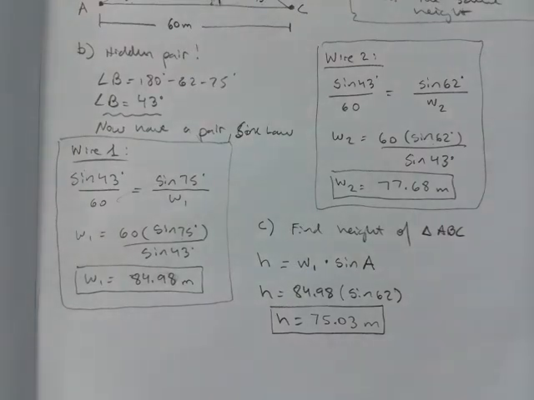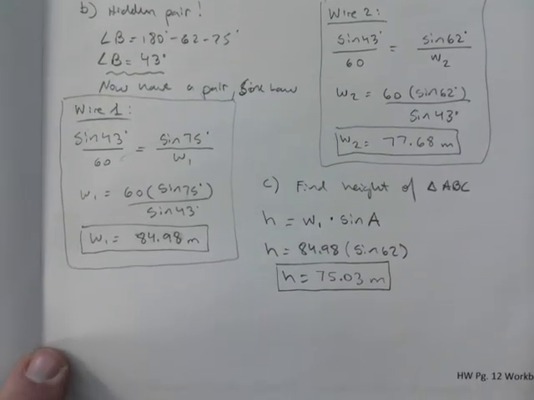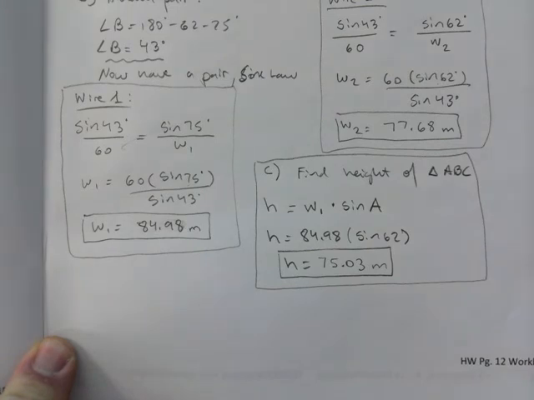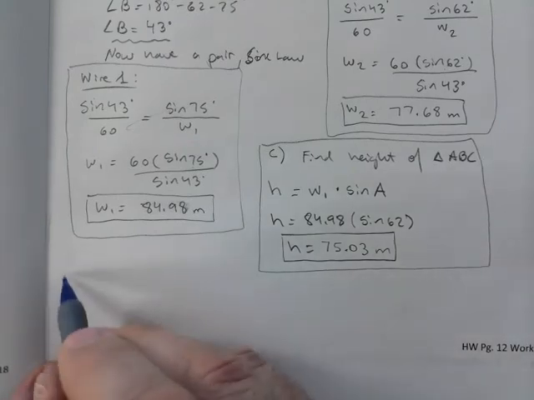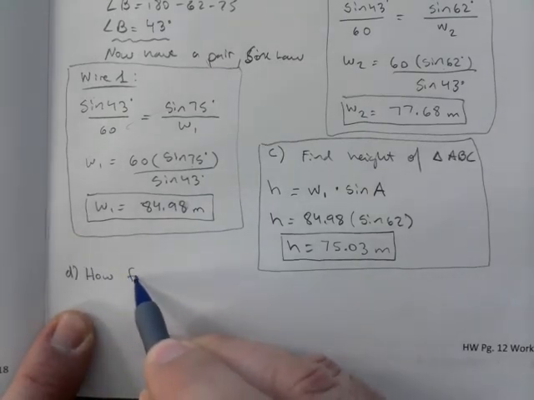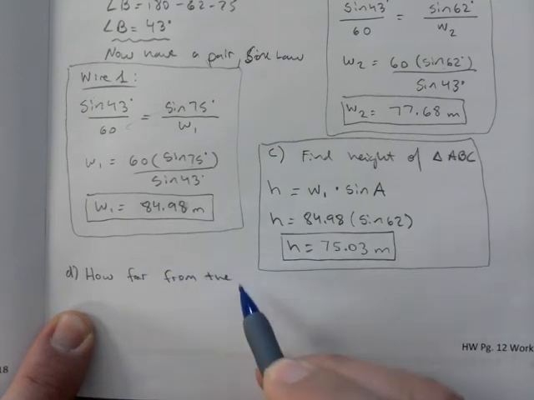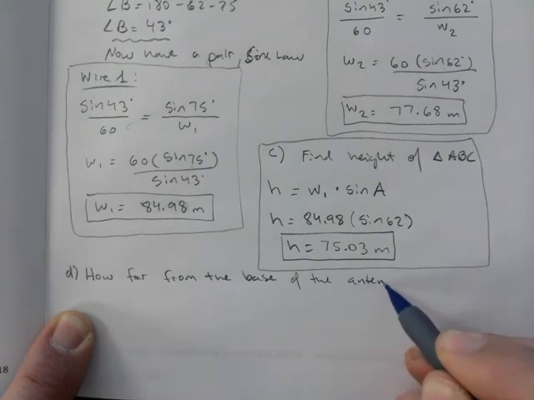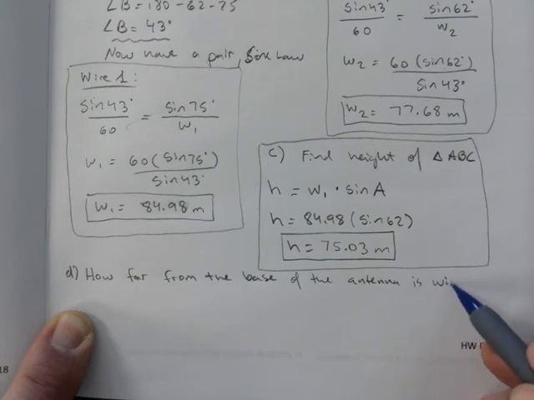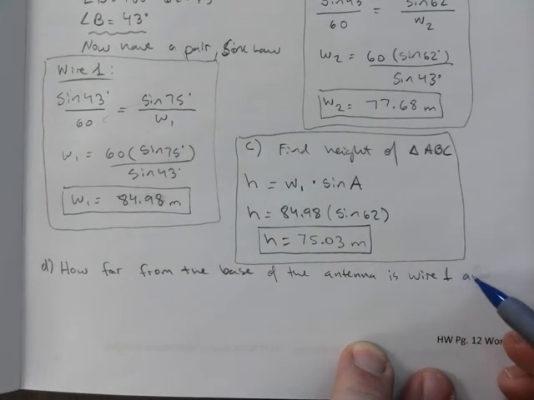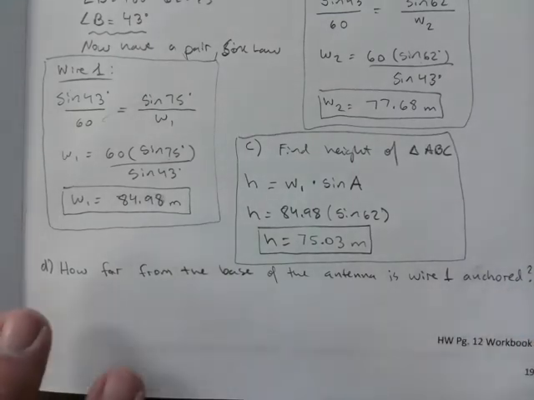And because we have some time, I want to do one more that you will encounter. I want to add it to this question, makes it easier. We don't need to redraw. It could have also been found by going W2 times sine of C. Okay, same thing. So here, D. How far from the base of the antenna is wire 1 attached, anchored, sorry, to the ground, that is.